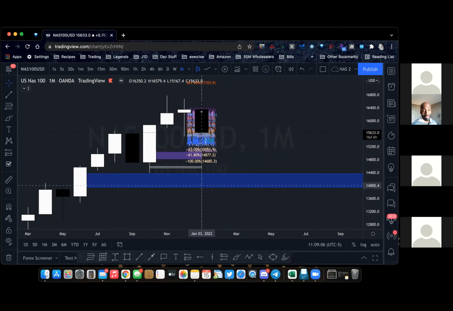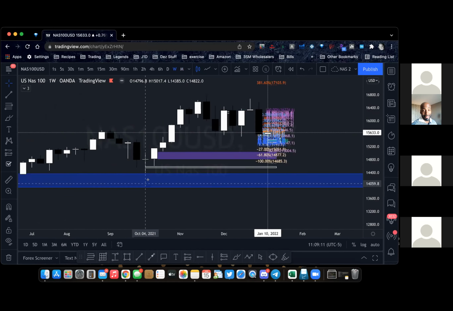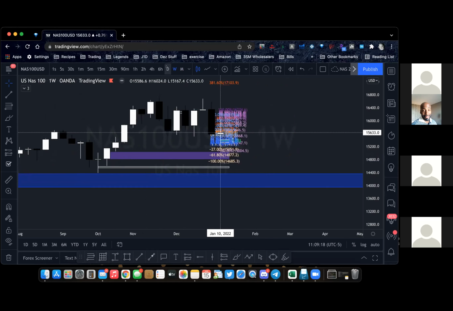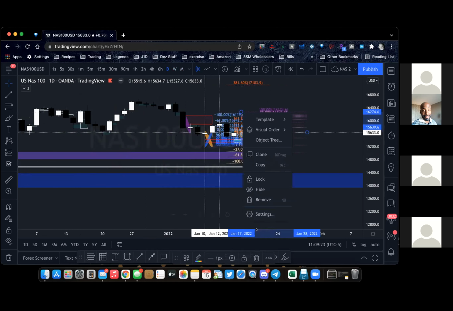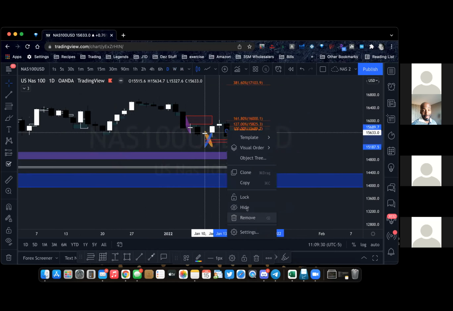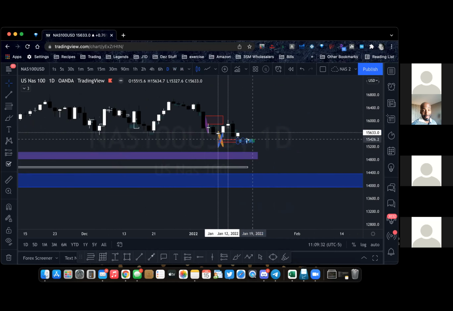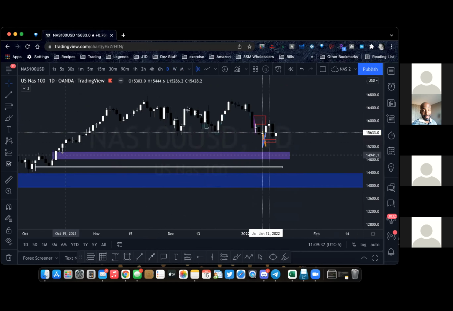But anyway, I go mark up my imbalances on the daily, on the weekly. That was a weekly imbalance, this whole candle right here. I mark it up on the daily. I have this up here, so let me take this off, and that way you can see stuff better. Okay, so that was a 4-hour imbalance, and I'll show you that.